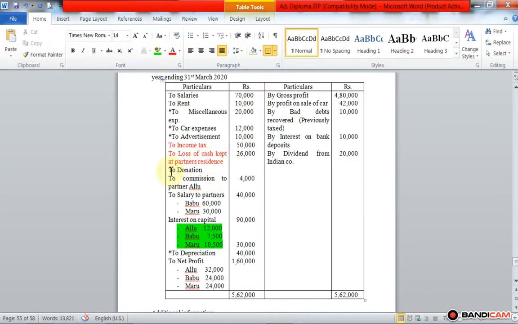Then donation. So all donation is disallowed.